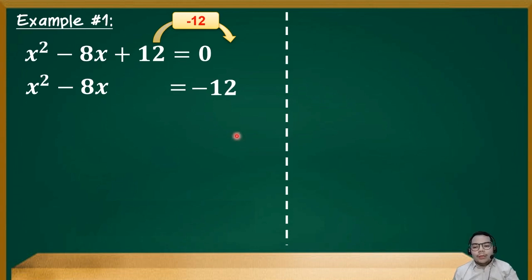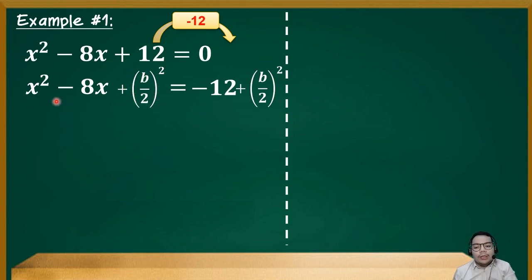The third step says that we have to make this a perfect square trinomial. So how do we make the left side of the equation a perfect square trinomial? We will once again use what we recalled a while ago. We'll use the formula b over 2 quantity squared.